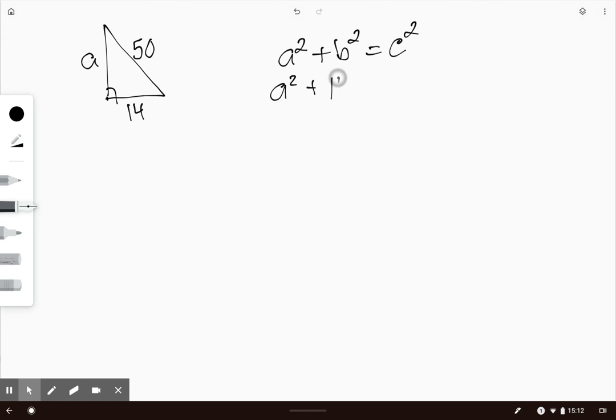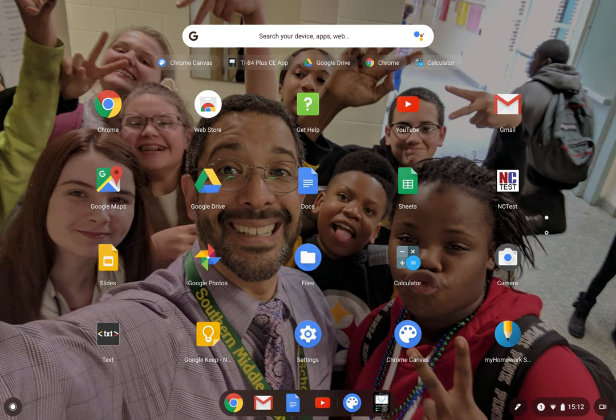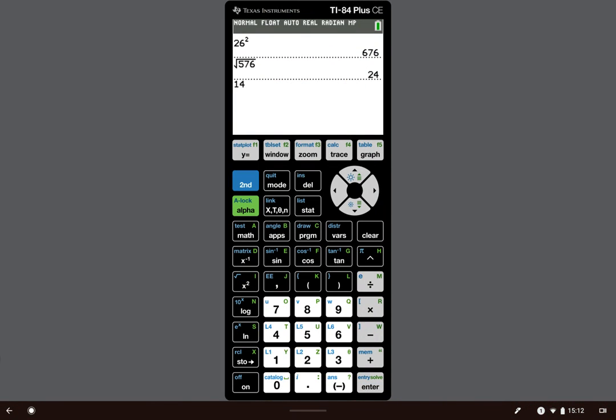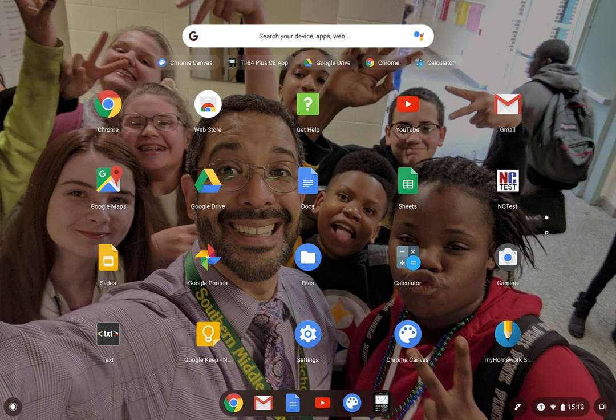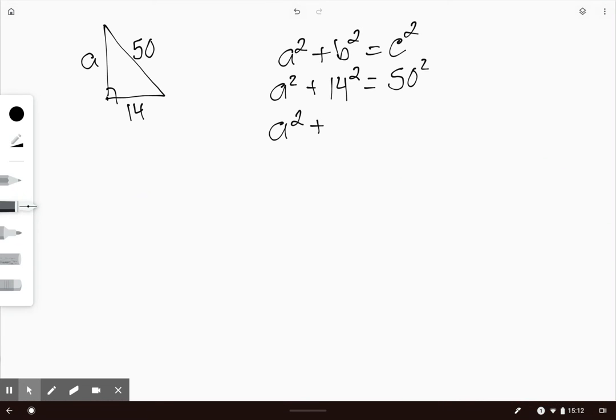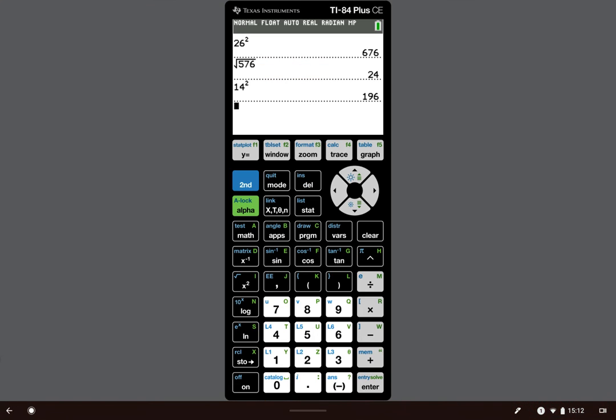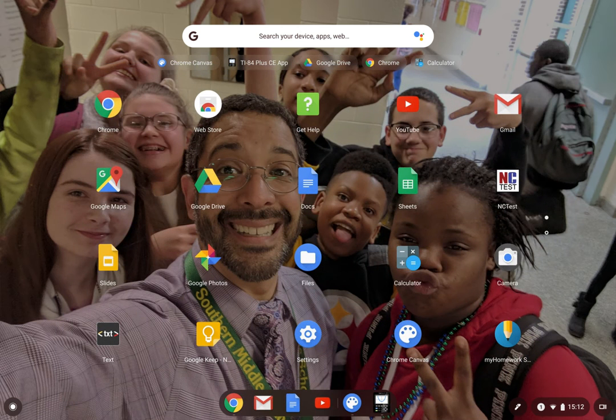My B side is 14. And then C is going to be 50 squared. So let me go to my calculator and do 14 and hit my X squared key. And that gives me 196. And then 50 squared is 2,500.